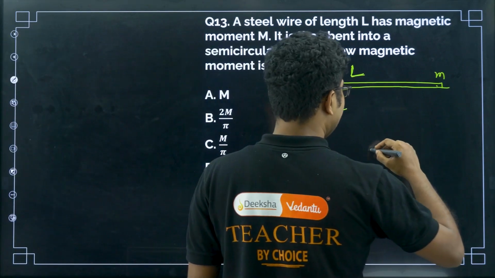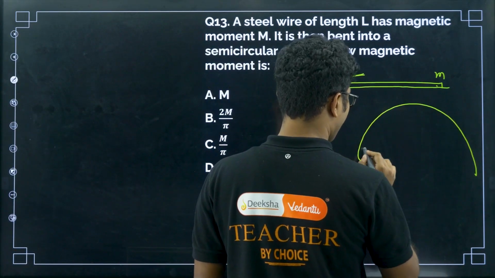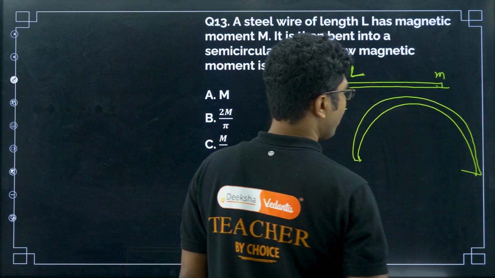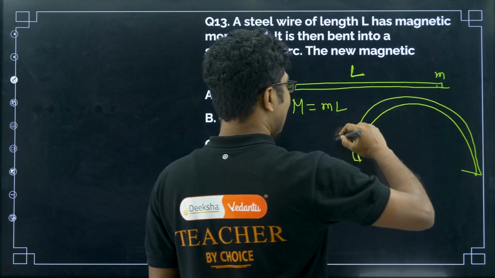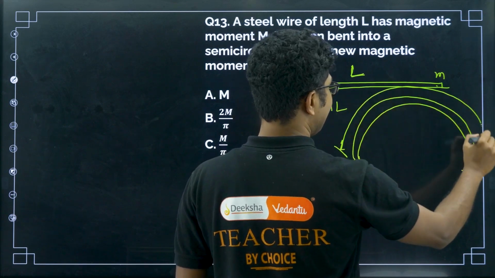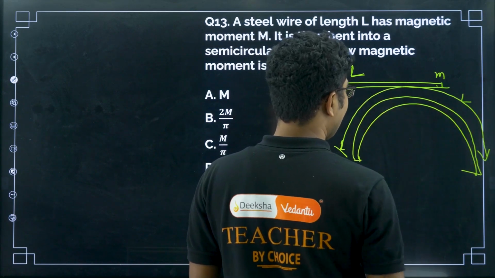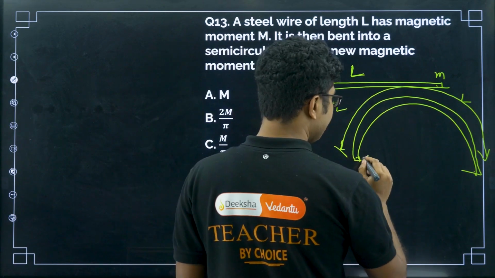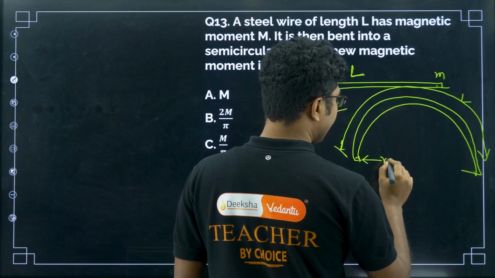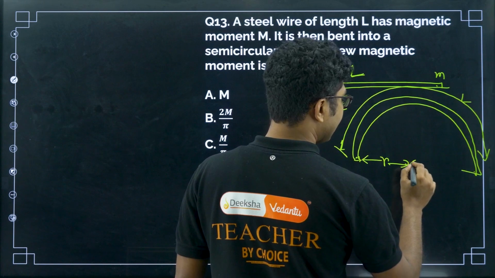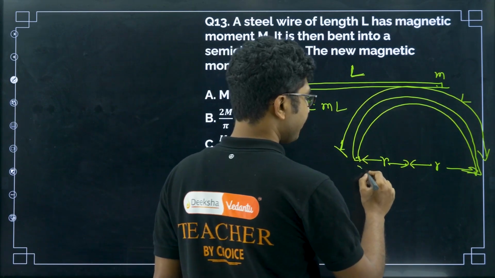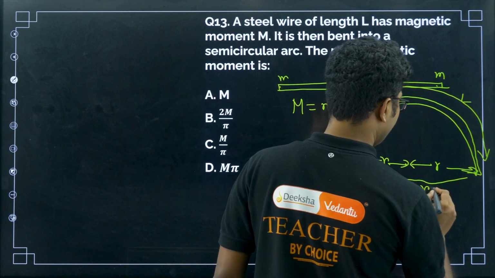Now when you bend it into a semicircle, the length of the wire will remain the same, right? It will still be L. The only thing that will change is the distance between the poles. Suppose the radius of the semicircle is R, then the distance between the poles is 2R.